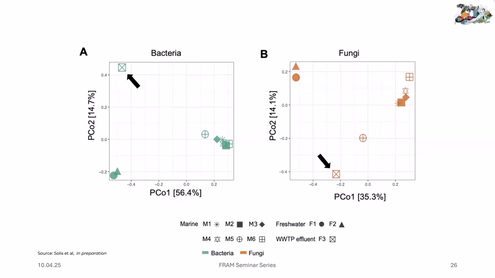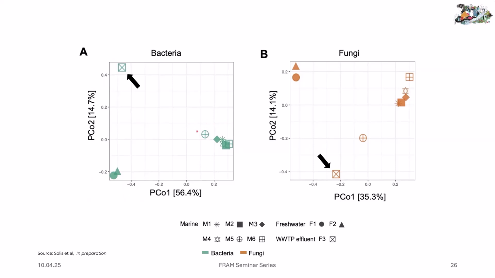When we wanted to know how similar or dissimilar the places were, it's very important for us to know if we have a very homogeneous environment or some places actually become very different because of the environmental stress. We conduct this type of analysis in what's called beta diversity analysis, in which we can clearly observe the differences between the different sampling sites. So here you can also see highlighted with the black arrow how the sampling site related to the wastewater treatment effluent is quite dissimilar compared to the other freshwater sites, but also quite dissimilar to the marine sites.